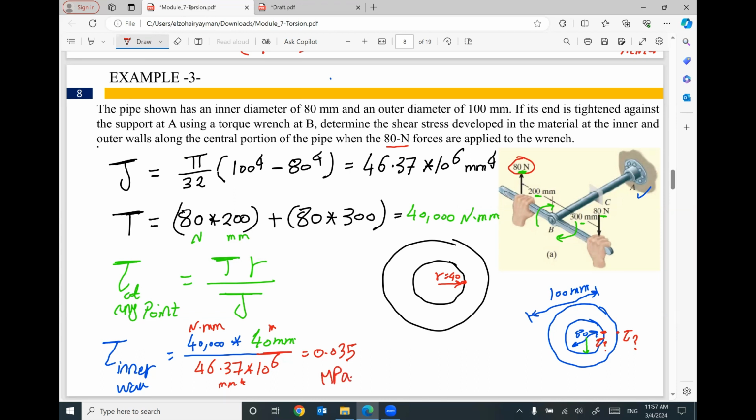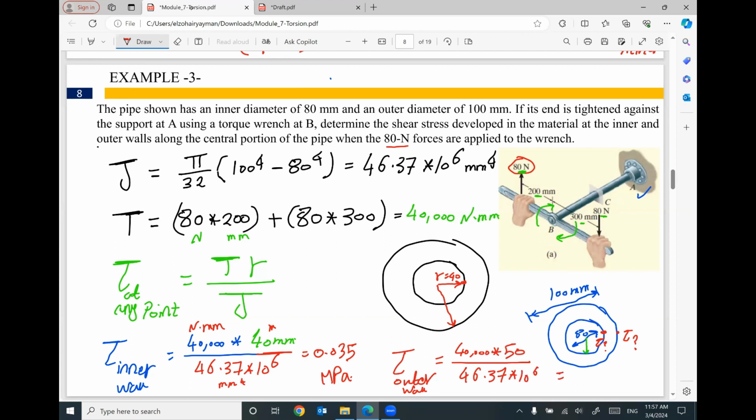Let me repeat it. Yes. For the outer wall, tau equals the applied torque 40,000 times the radius for the outer wall, which is 50 millimeter, divided by 46.37 times 10 to power 6.